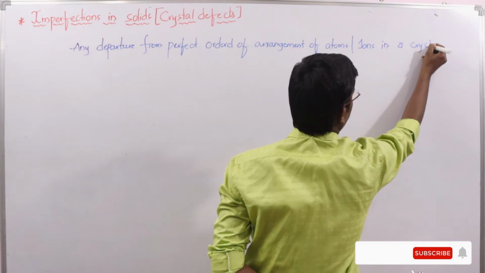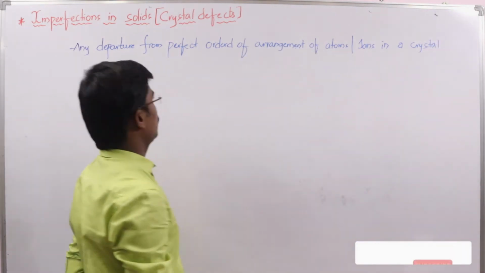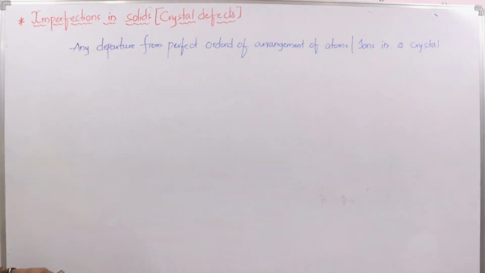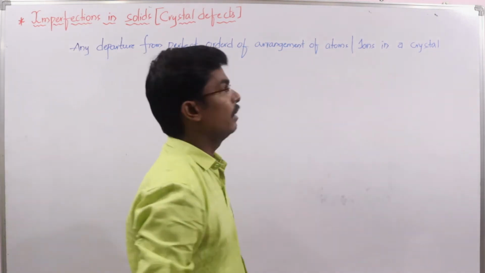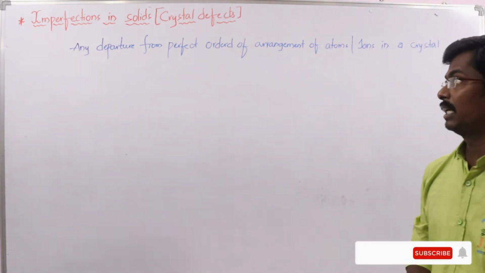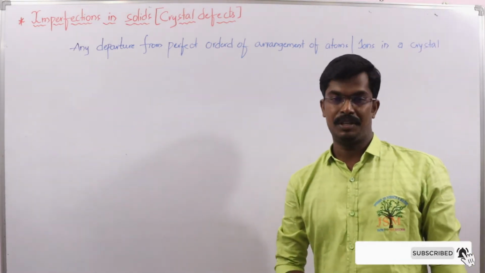Any departure from perfect order of arrangement of atoms or ions in a crystal, I'm calling a crystal defect or imperfection.